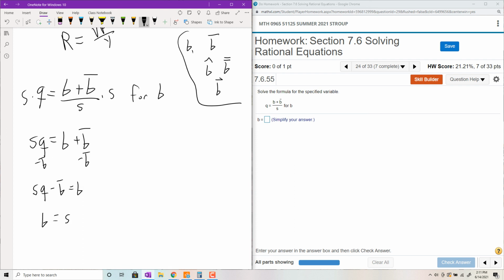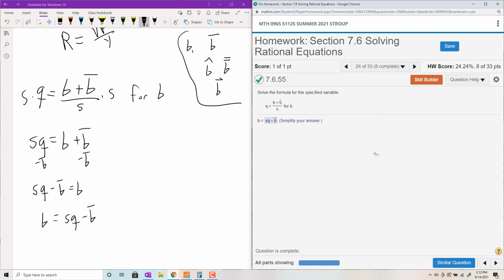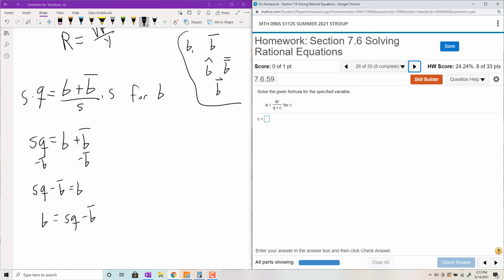B equals SQ minus B bar. So I have SQ minus, and then you see this button down here. It should give you a bar over top of it. Make sure you use a little c, not a capital C in that one.